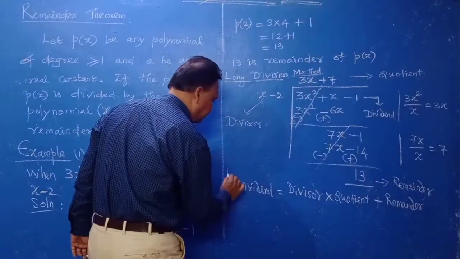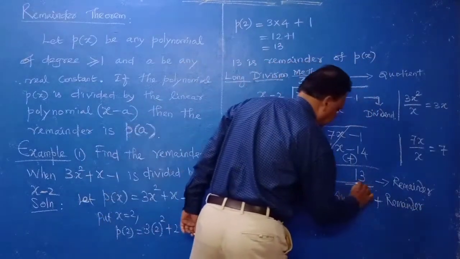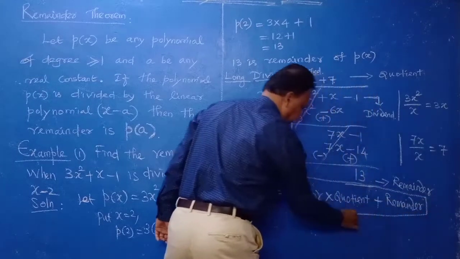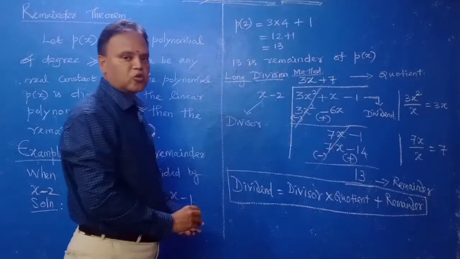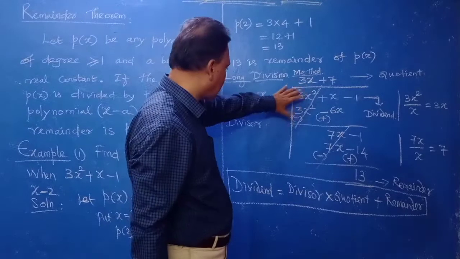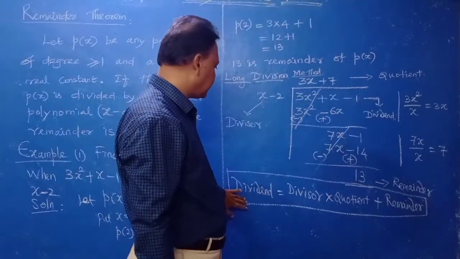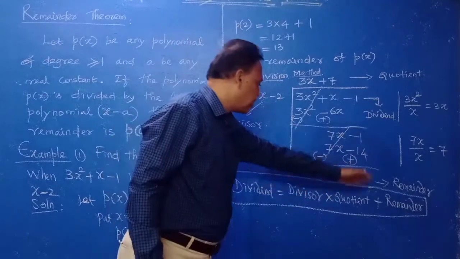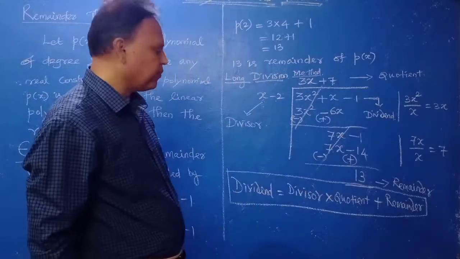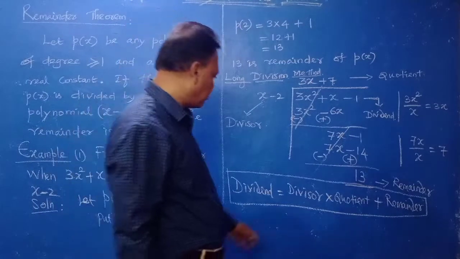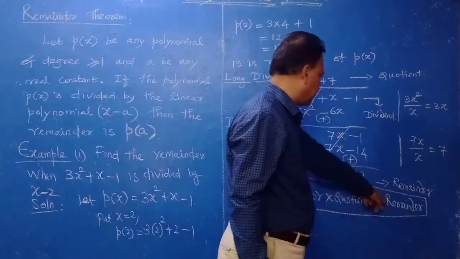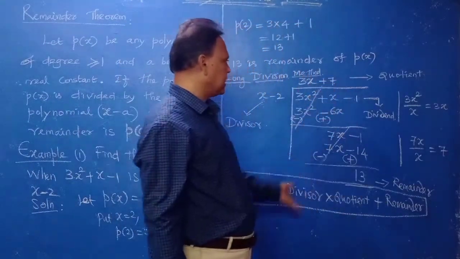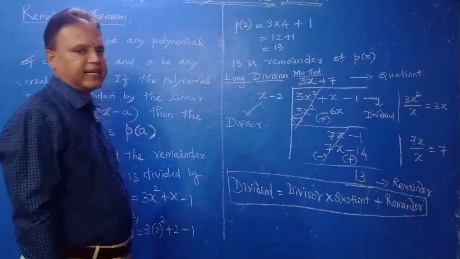So this is the division algorithm. Right? If you substitute all this, then divisor into quotient plus remainder will be satisfied. Both sides will come the same. Clear? Or you find divisor into quotient plus remainder, and you will get the dividend correctly.